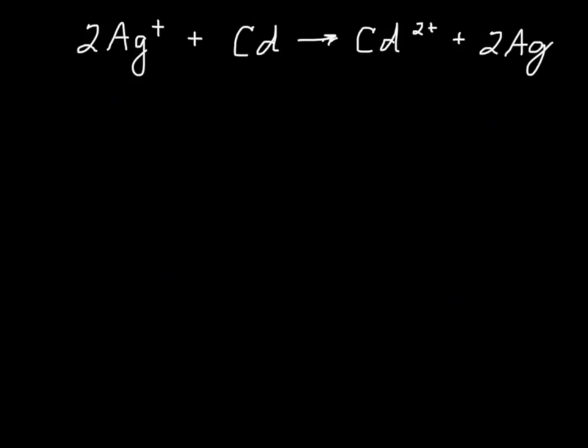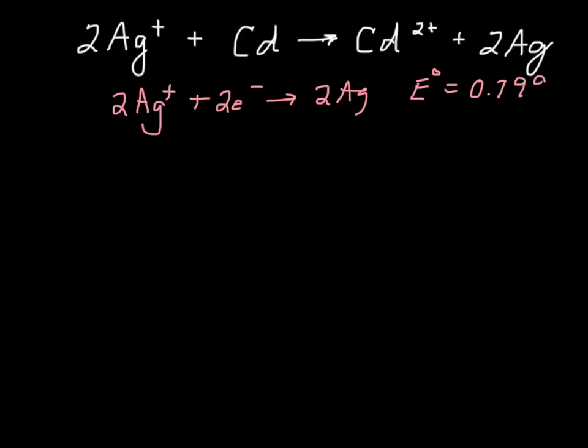We'll do one little piece that's important. 2 silver ions plus 2 electrons gives you 2 silvers. When you look up the voltage, that's a reduction, so you should see it exactly as it appears, and it will say 0.799 volts.